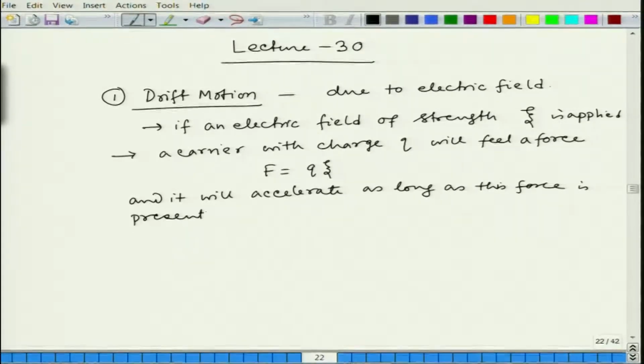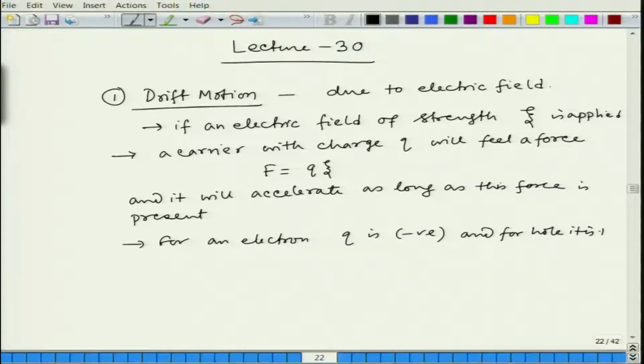That is Newton's law. As long as the force is applied, it will increase its velocity. Okay. So, for an electron this q is negative, right, and for a hole it is positive, is it not?